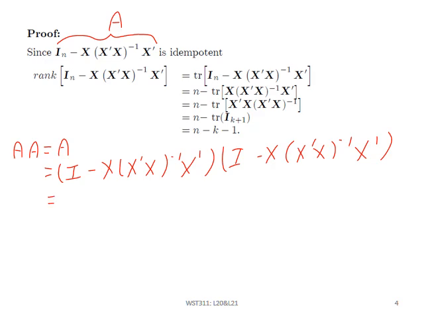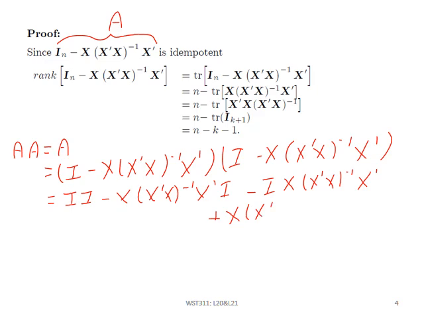So if we take the multiplications into the brackets, we'll find it's an identity matrix times an identity matrix, minus x transpose x inverse x transpose times an identity matrix, minus identity matrix times x, x transpose x inverse x transpose, plus x, x transpose x inverse x transpose x, x transpose x inverse x transpose.